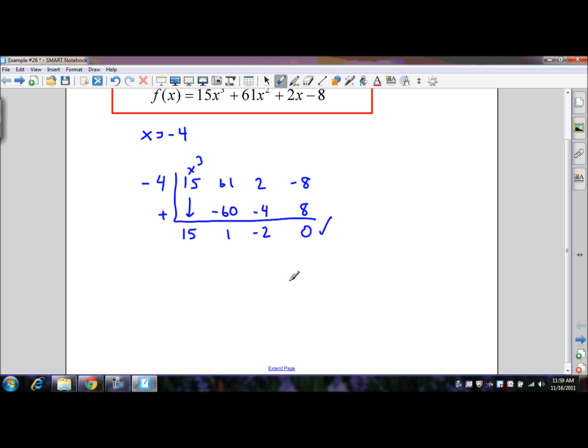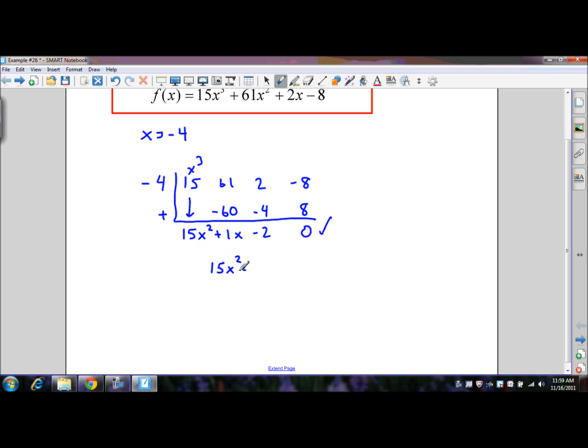So we're on our way. So now I've created the quadratic from the original. I've taken out my 0 of -4, so now I'm down to 15x squared plus 1x minus 2.